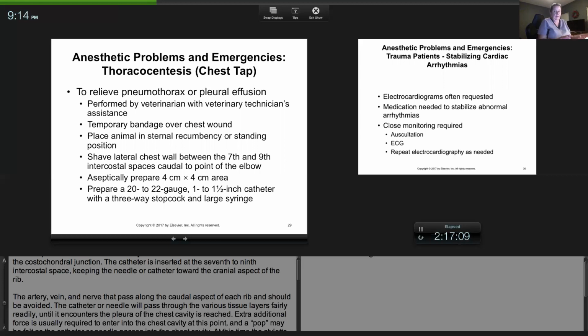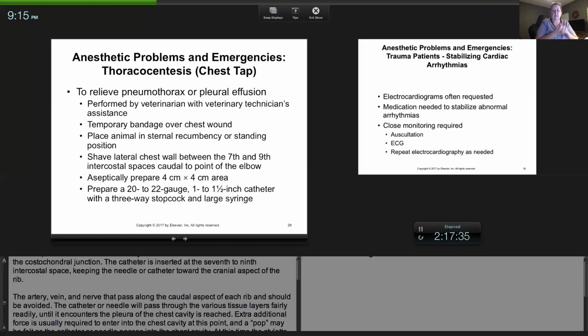So normally I lay them forward and pull either one or both legs. And then the doctor goes between the 7th and 9th rib and just gets into the pleura. You have to clip and prep this like a surgery site because you're going into the chest cavity, so we clip a square. I can try and find a chest tap video to show you guys. You may have watched one in another class.